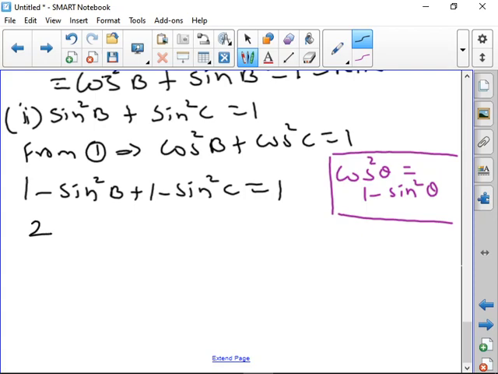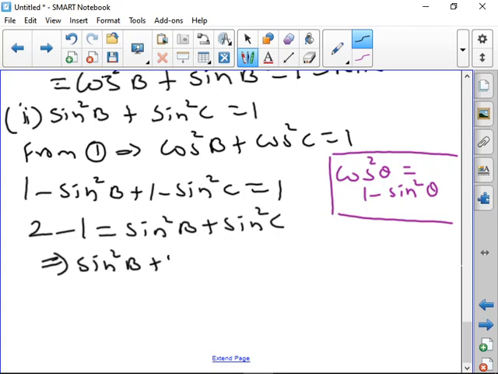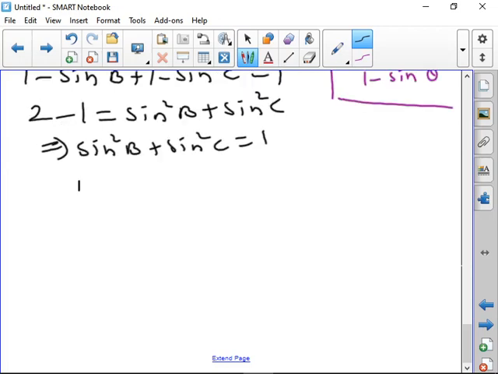So 1 plus 1 is 2, and bringing the 1 over, minus 1, which is equal to sin square B plus sin square C. So it gives you sin square B plus sin square C is equal to 1. Okay, hence proved.